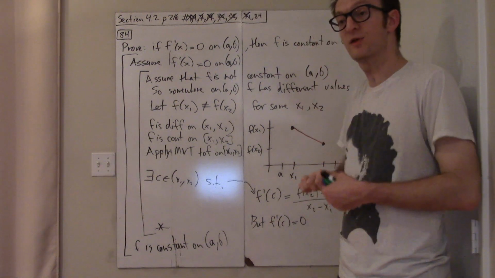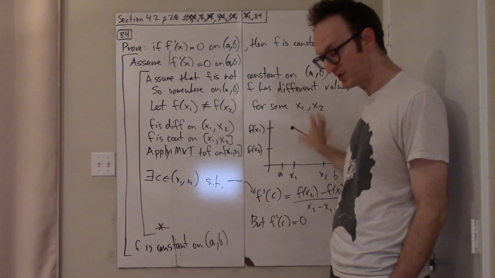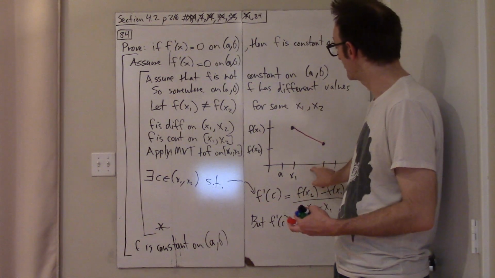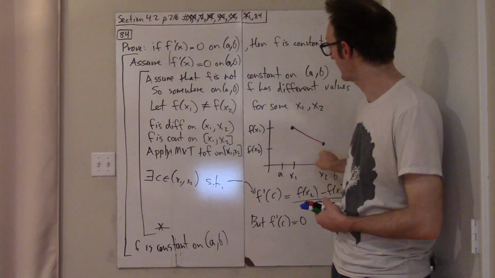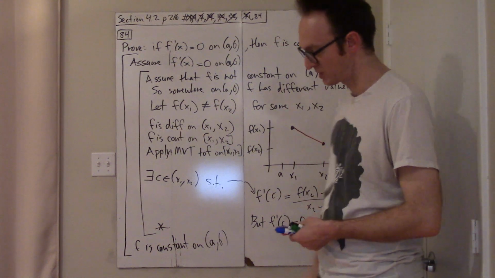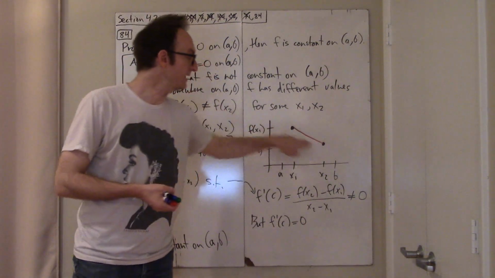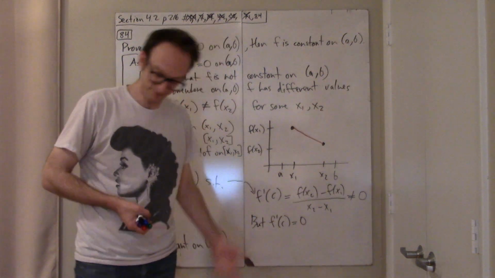And the mean value theorem says that for any function which is continuous and differentiable, somewhere on this interval there is some point where the instantaneous rate of change equals the average rate of change. But we can't have an instantaneous rate of change equal to the slope of this red line because the derivative is 0 everywhere.